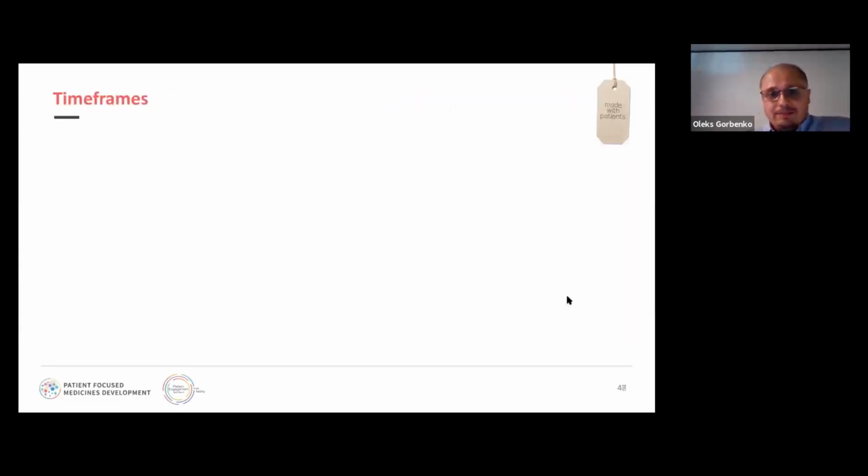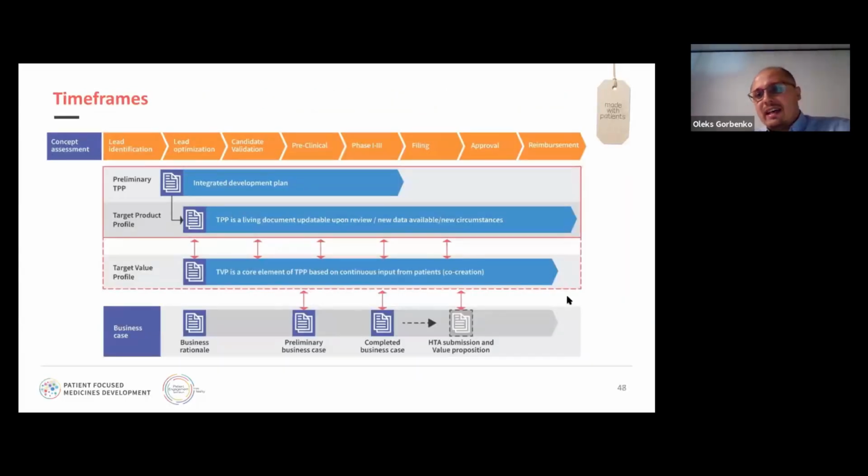Next slide, please. Thank you very much for such wonderful graphics from the PFMD designers. Actually, we tried to explain this complicated process in a very simple way. As you can see above, it's a medicine development continuum. As I mentioned earlier, it goes from concept assessment to reimbursement and market availability, and traditional use as prescription drugs, for example.